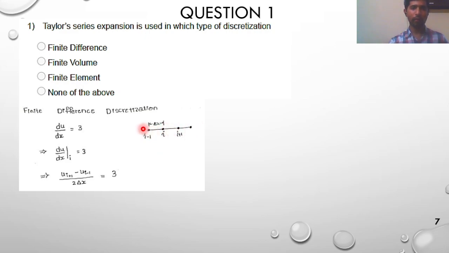In the finite difference method we call them grid points: I minus 1, I, I plus 1, I plus 2. Now du by dx at I is equal to 3, and you use a central difference scheme with I plus 1 and I minus 1. So you are using the Taylor series, from here to here you get it from the Taylor series. So definitely it is used in finite difference discretization, you will agree with me.